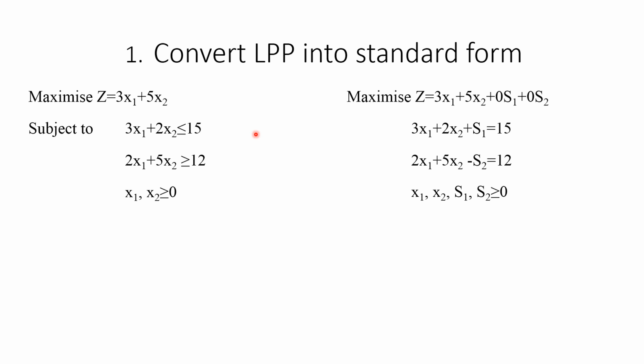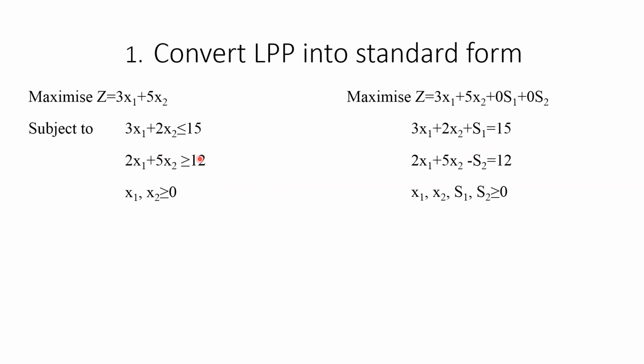First, maximize z, which is equal to 3x1 plus 5x2. The objective function is already given in maximum type, so no need to convert it. Subject to, the first equation is less than equal to type, the second equation is greater than equal to type. Okay, so what we can do, we can add a variable in this part.